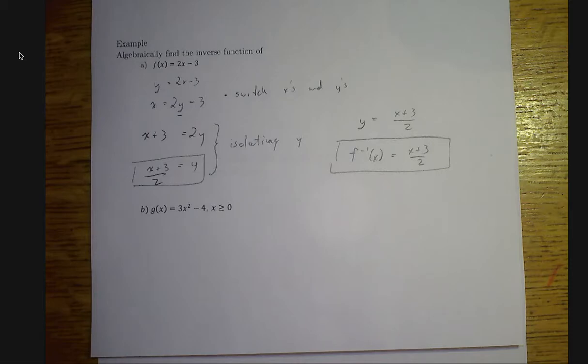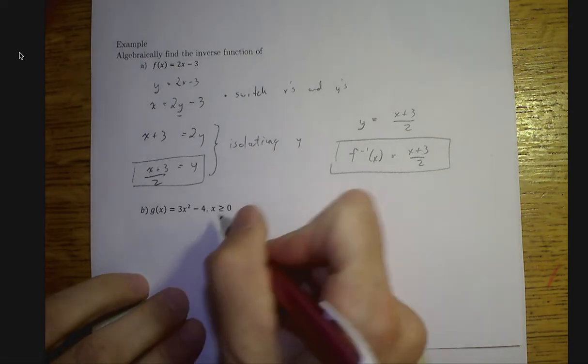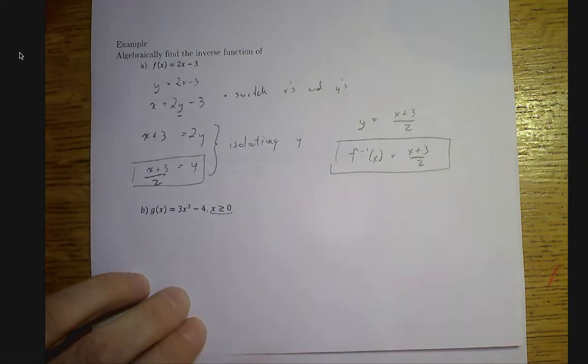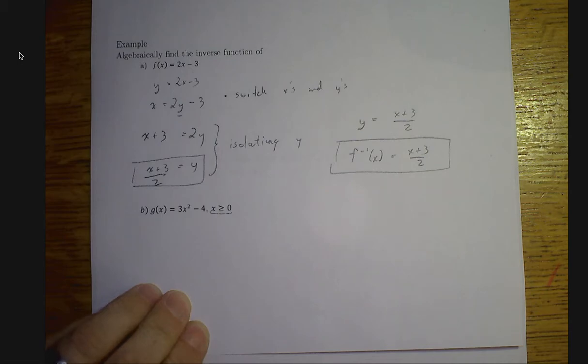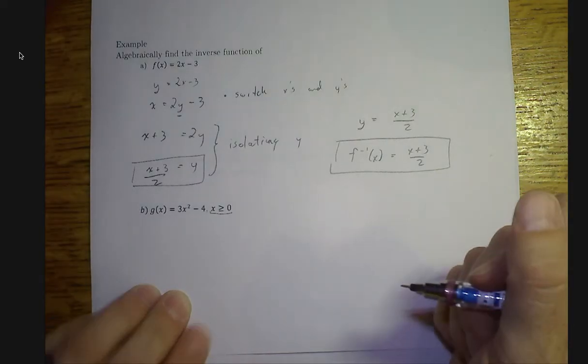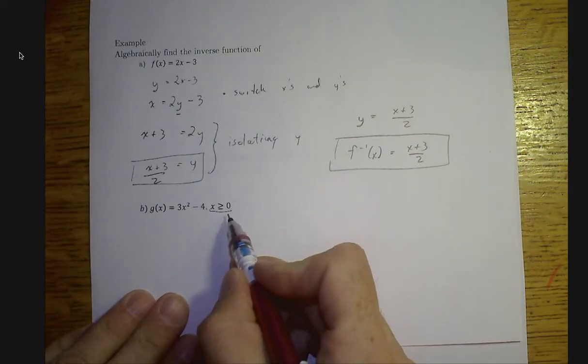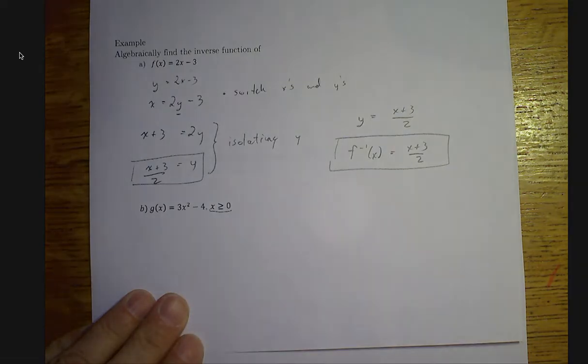The inverse functions, and given g of x, I am to algebraically find the inverse function. So if you notice, I have attached this. From this, it may be easy to see that I'm looking for all x's greater than or equal to 0.